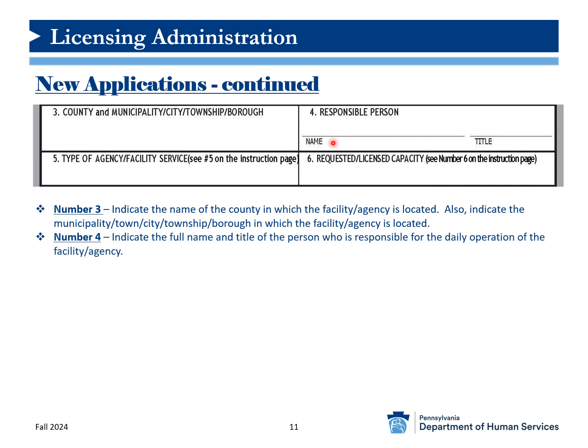Number 4, indicate the full name and title of the person who's responsible for the daily operation of the facility or agency, the person that the legal entity wants as their representative.